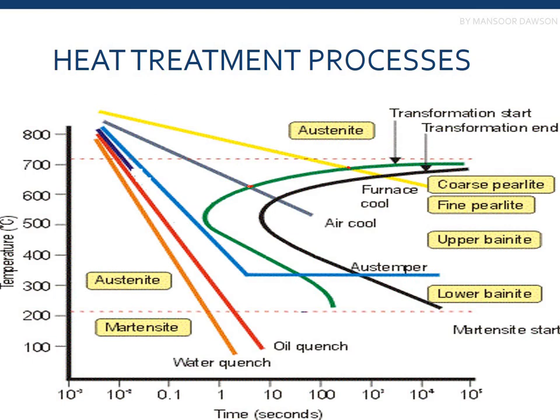At this point your transformation will start, at this point you'll be getting a fine pearlite, and at this point you'll be getting a coarse pearlite. Similarly, below this nose you will be getting the upper bainite and the lower bainite phase, and on a very fast cooling, when you quench it in water or oil, you will be getting a martensitic phase, which is very hard.